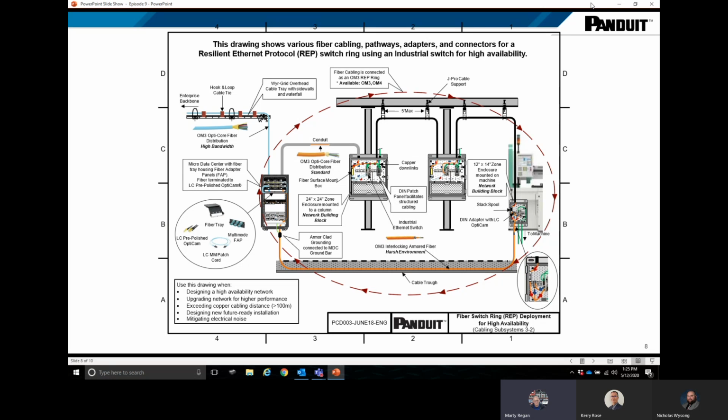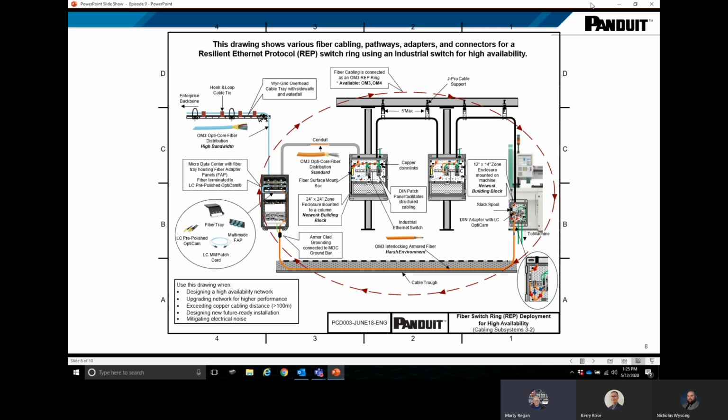From the micro data center to the first network zone enclosure, OM3 standard distribution fiber is deployed with conduit as a supporting pathway. From this network zone enclosure to the subsequent network zone enclosures, OM3 interlocking armor fiber is deployed with J-hooks as a supporting pathway at 5 foot max intervals.